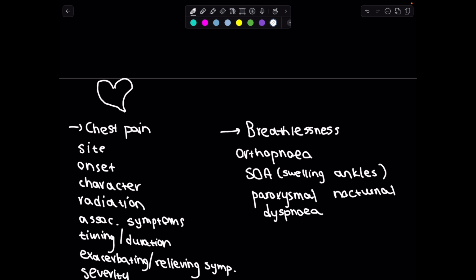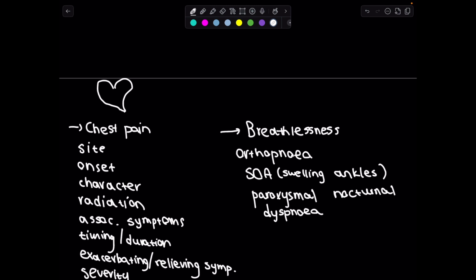Radiation: typically none. Associated symptoms: orthopnea, breathlessness lying flat, suggests heart failure, forcing upright sleeping. Ankle swelling, edema, from right heart failure or fluid overload. PND, sudden waking at night gasping, due to fluid buildup in lungs.